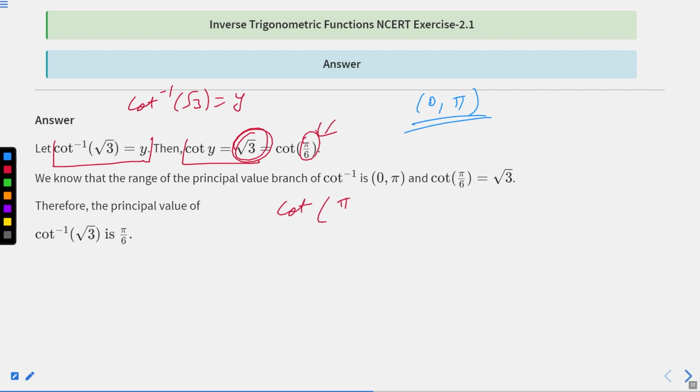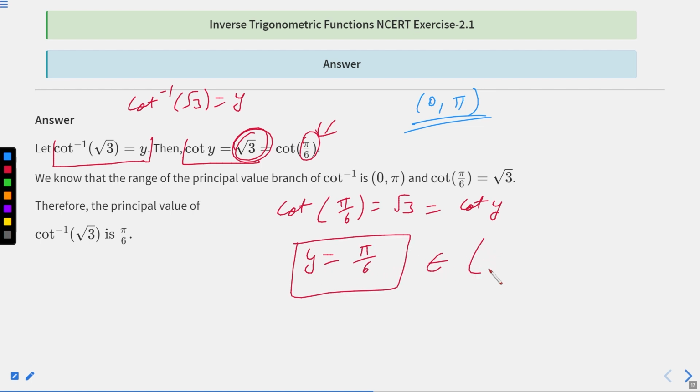Root 3. So from this we can say that y is equal to pi by 6, and this pi by 6 indeed belongs to the open interval 0 to pi, and from this I can say that the principal value of cot inverse of root 3 is pi by 6.